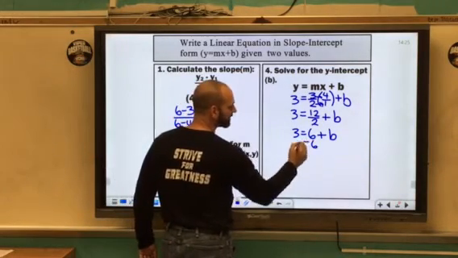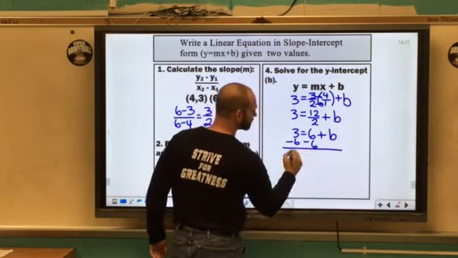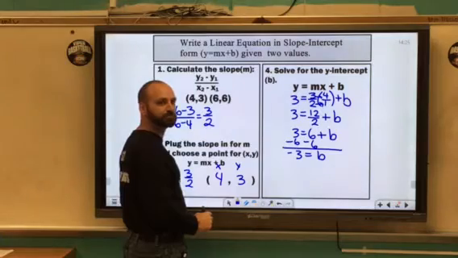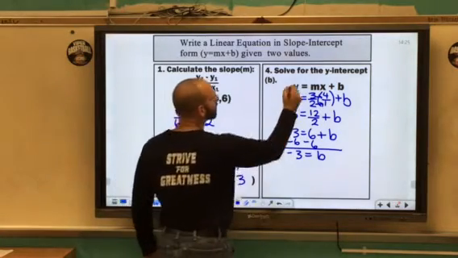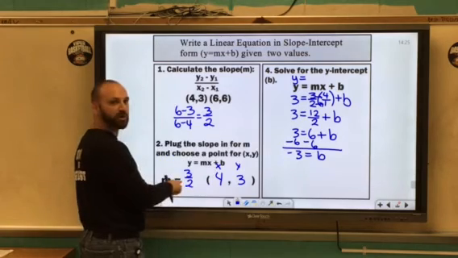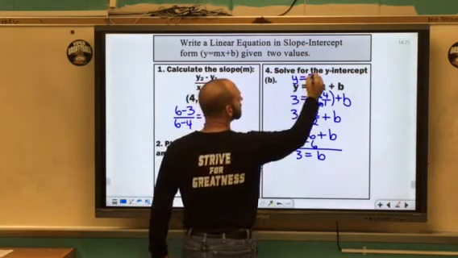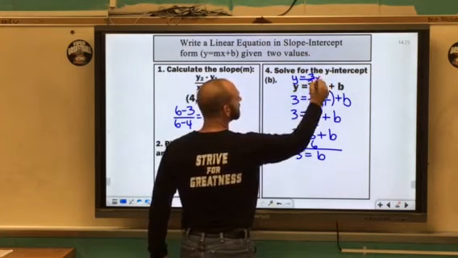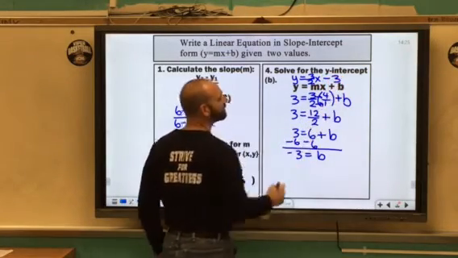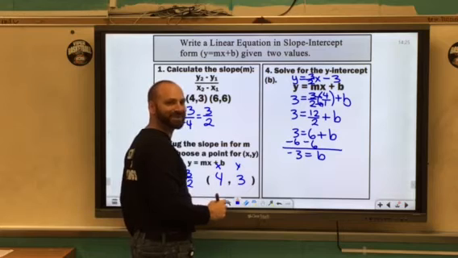We're going to subtract 6 from both sides. Our y-intercept is -3. So to write our equation in slope-intercept form, we'll take our slope that we've already calculated, plug it in for m, and then our y-intercept, -3. So y equals 3/2 x minus 3.